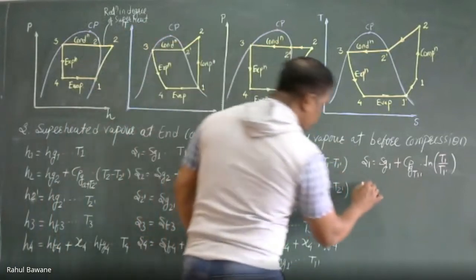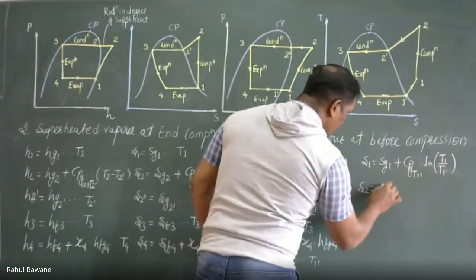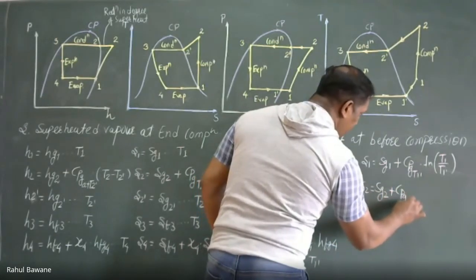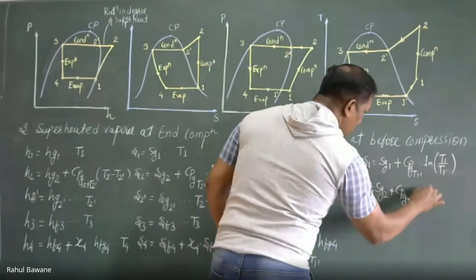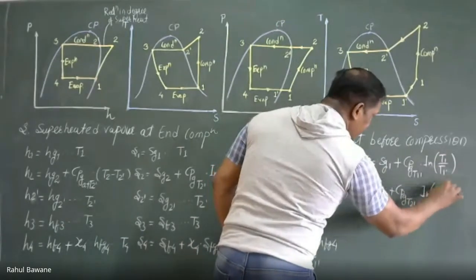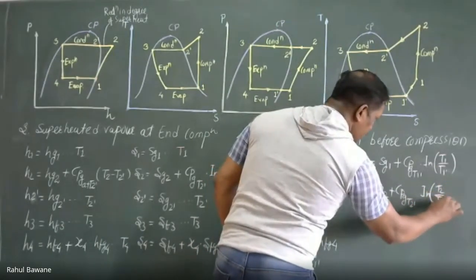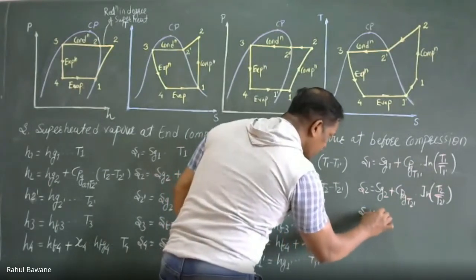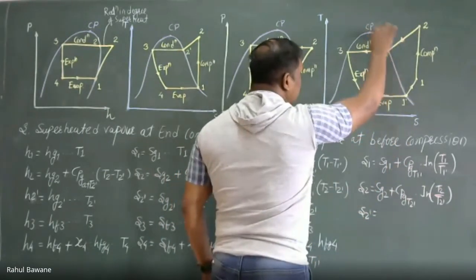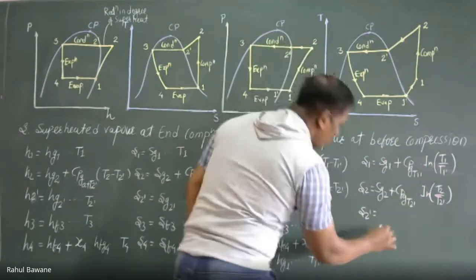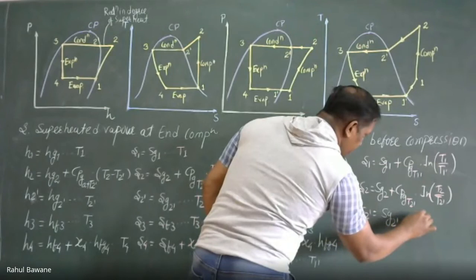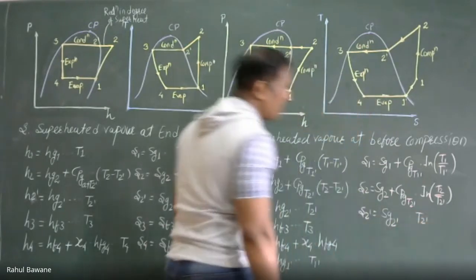For S2, it is Sg2 plus Cpg at T2 dash multiplied by ln of T2 upon T2 dash. Next, S2 dash, the entropy on the saturated vapor line. It is nothing but Sg at 2 dash, calculated at temperature T2 dash.